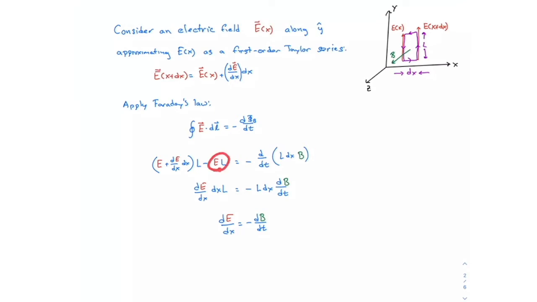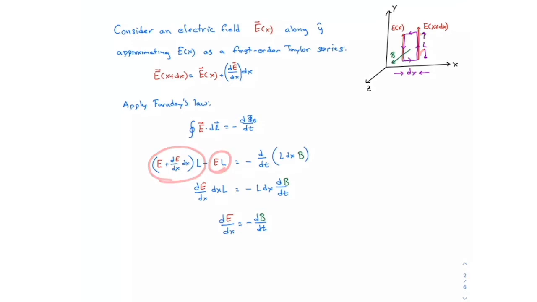How did I get this? This comes from this part of the loop, right? So when I'm integrating around the loop, I'm going all the way around. The first term over here comes from integrating the electric field times the length on the right side of the loop.